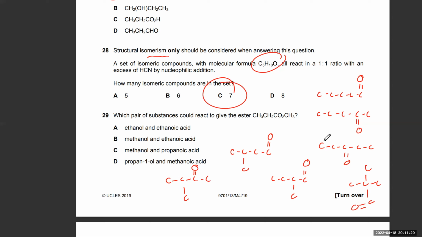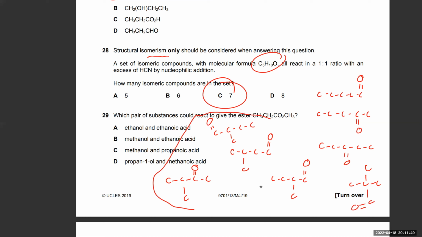4 carbon atoms, double bond O, change the position again, change the carbon branches, 4 carbon atoms, 1 over here. And these were the possible ones. I think there's one more possible. I think the double bond O could be at the other end as well.